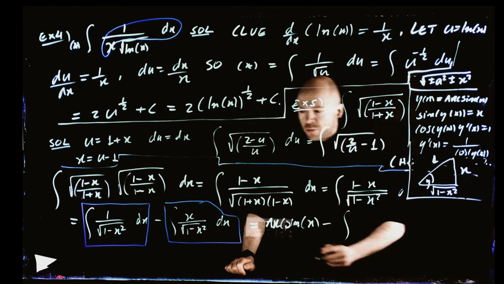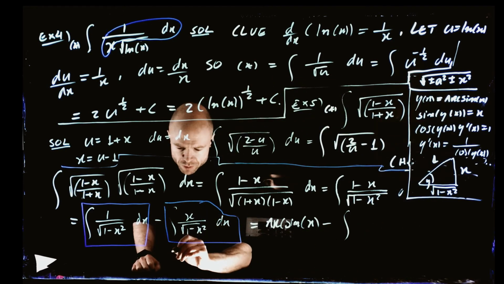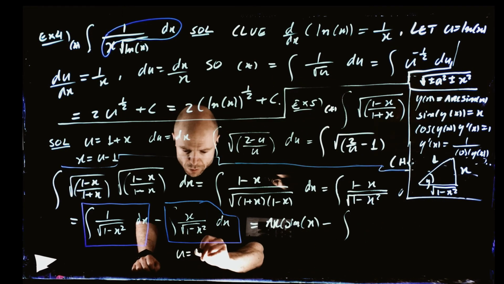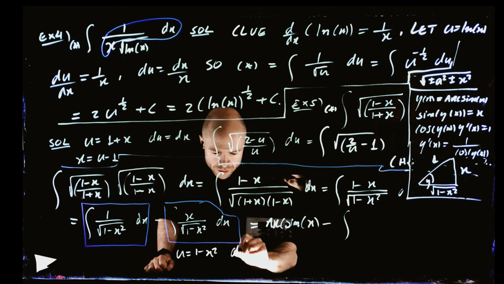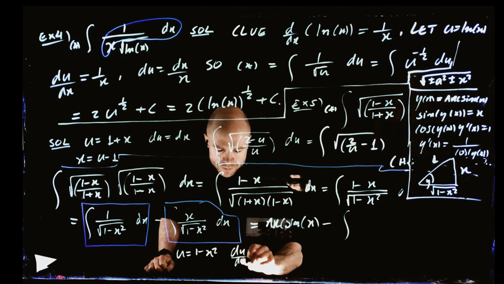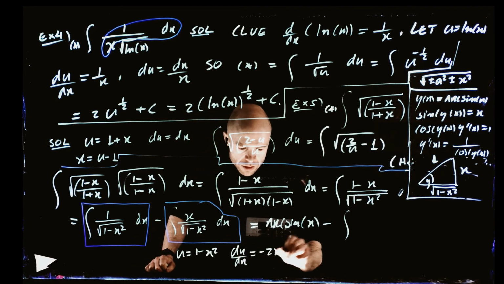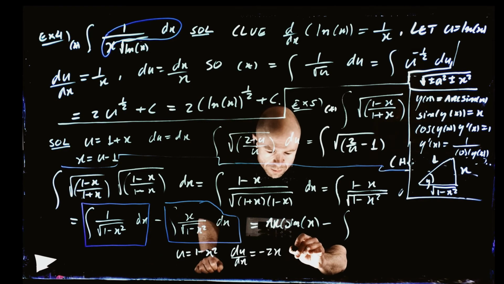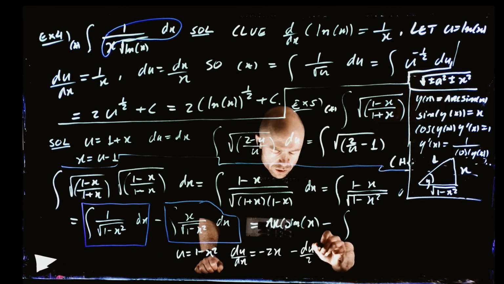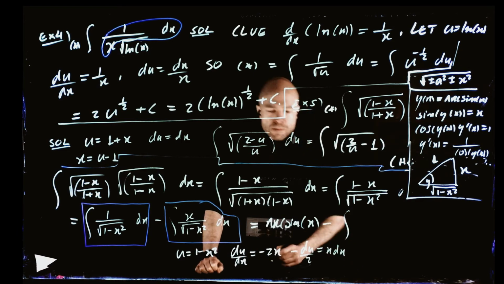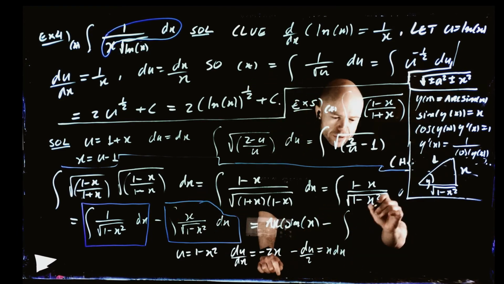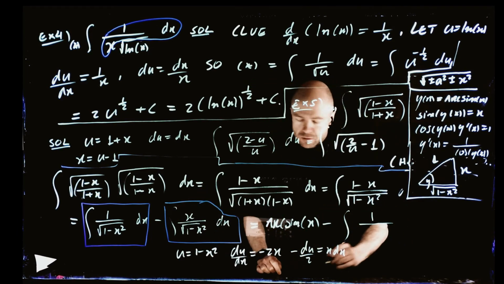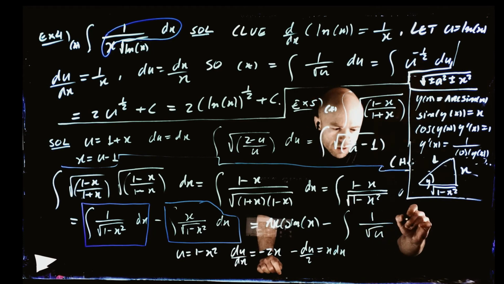So let's put it down here because we're running out of space. So I'm going to let u be 1 minus x squared, du over dx equals minus 2x, and therefore minus du over 2 equals x dx. Yeah. So then turn this stuff into 1 over square root of u.